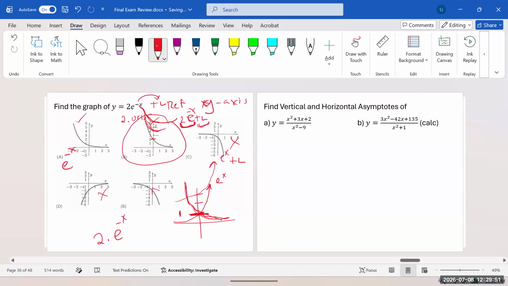Vertical and horizontal asymptote. I feel like I didn't work with this for a long time. Do you guys remember your vertical and horizontal asymptote? Forgot already? How do you find vertical asymptote? It's vertical.